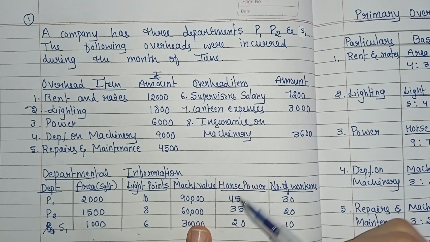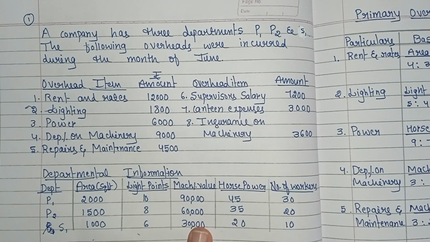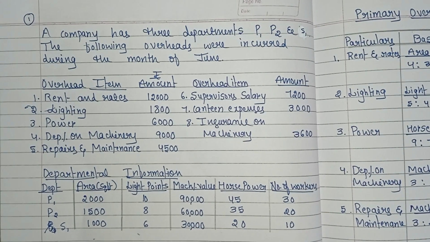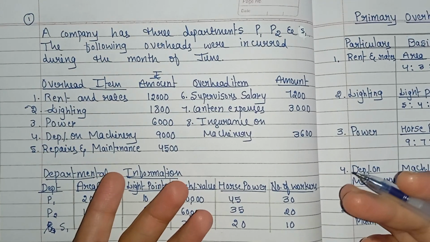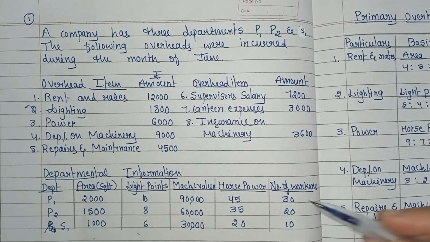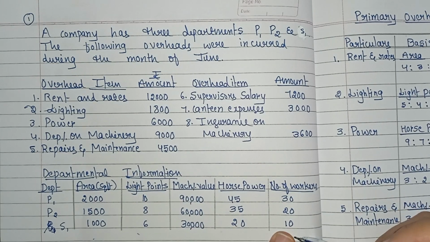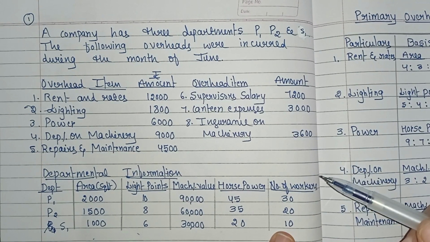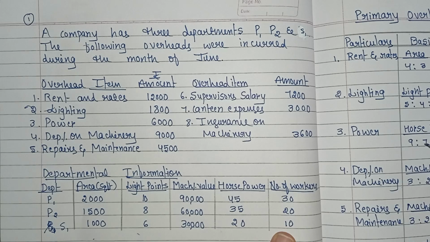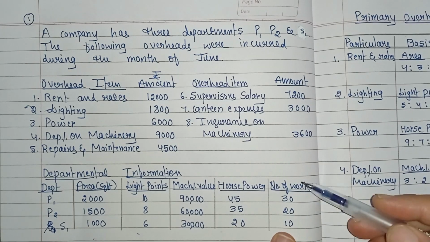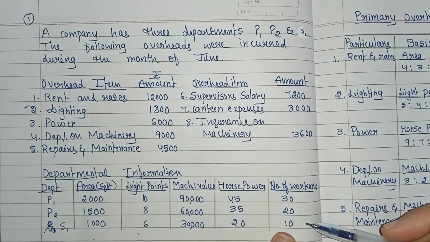And next one is supervisor salary. Supervisor salary is generally assigned based on the number of workers. More workers need more supervision, hence the cost is distributed by this base, that is number of workers. Next one, canteen expenses. Canteen usage depends on the number of employees or workers.